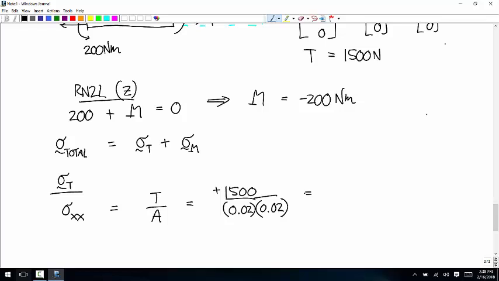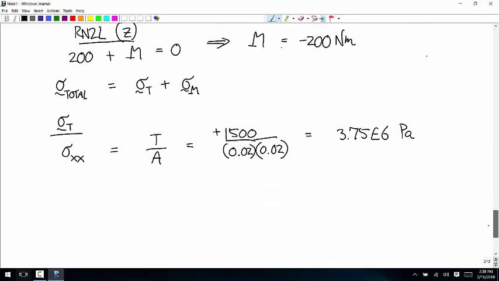So 3.75 times 10 to the 6 pascals. And so the stress tensor due to tension is positive 3.75 times 10 to the 6, and then zeros everywhere else.